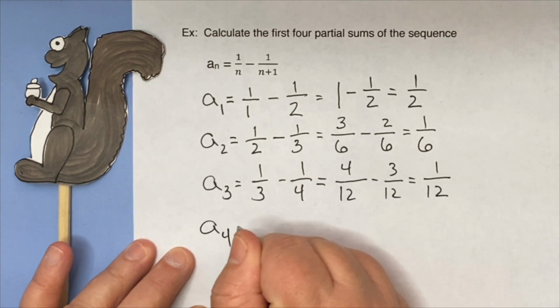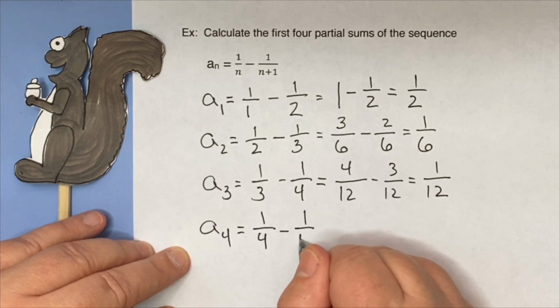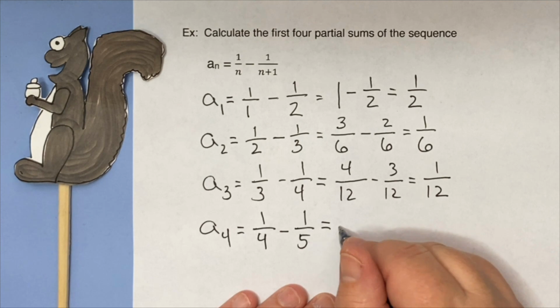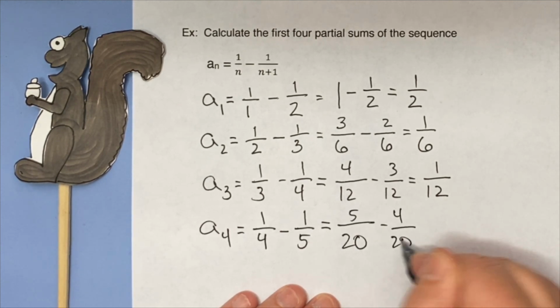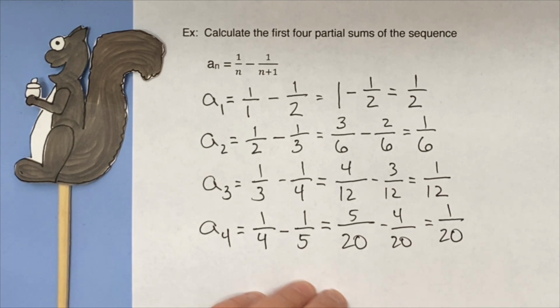A sub 4 equals 1/4 minus 1/5. Okay, so that's going to be 20ths, right? 5/20 minus 4/20 equals 1/20. Okay, so those are the first 4 terms. That's awesome, right?